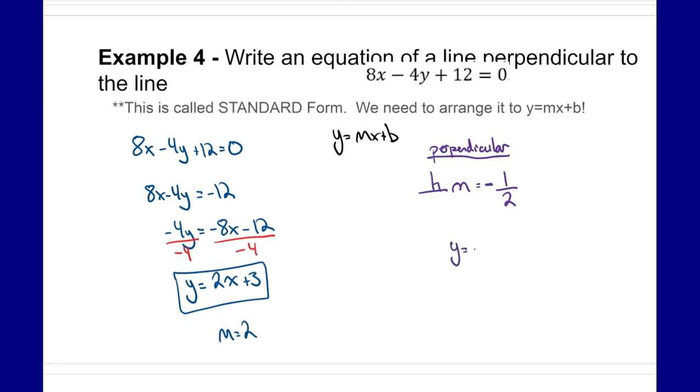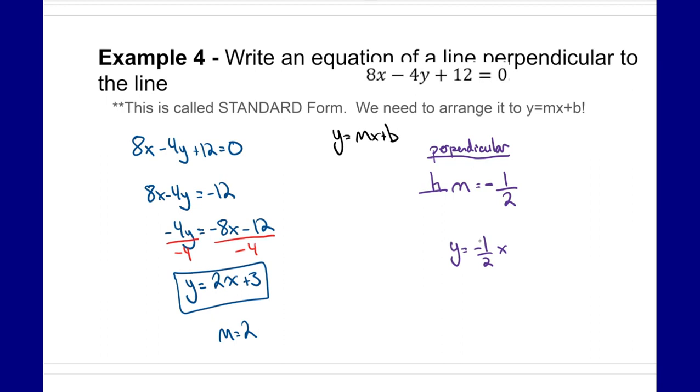So y equals negative 1 over 2x. And the b value can be whatever you would like. It could be nothing. You could put plus 5. You could put minus 100. The b value doesn't matter. The only characteristic of our line that makes it perpendicular is the slope.